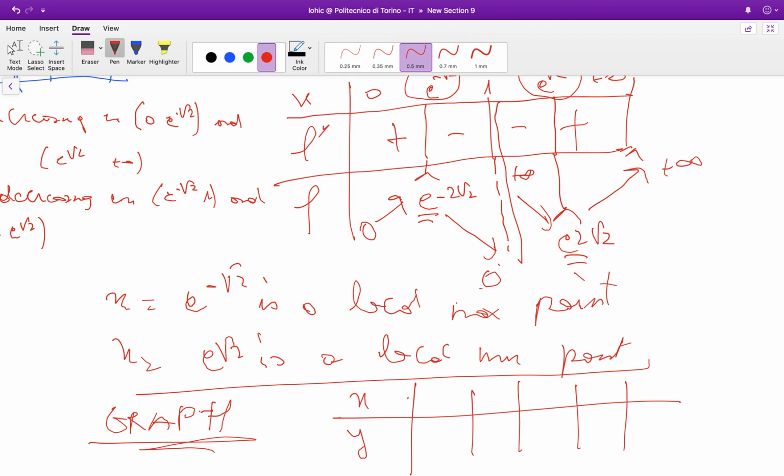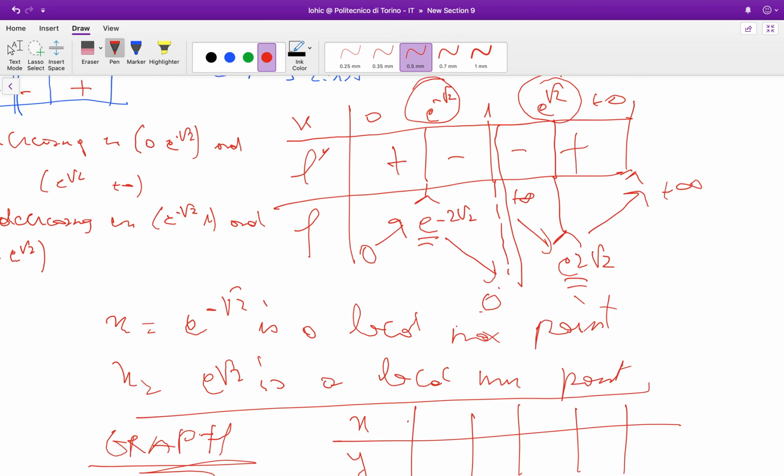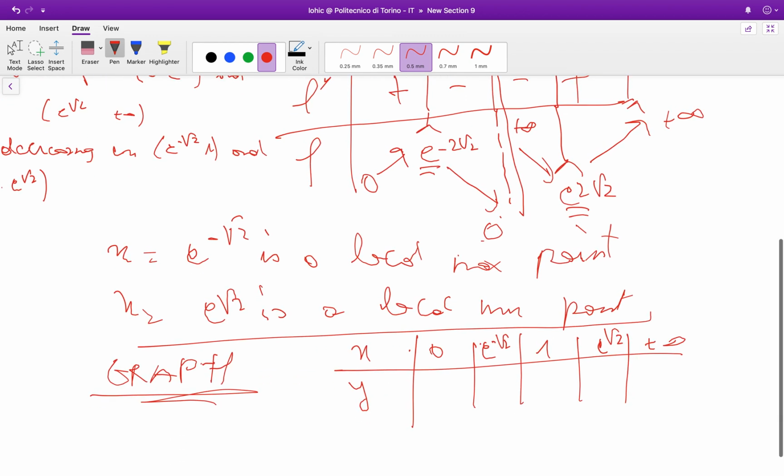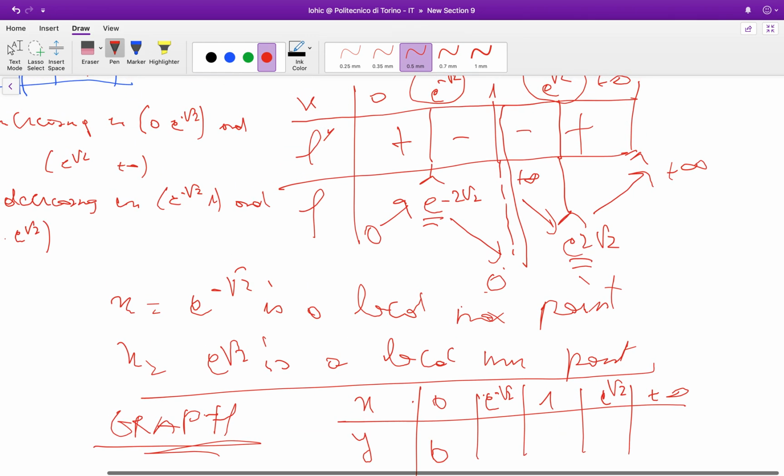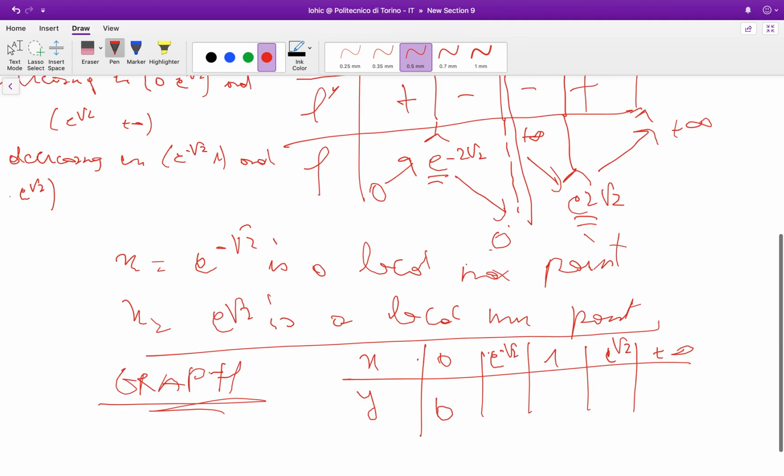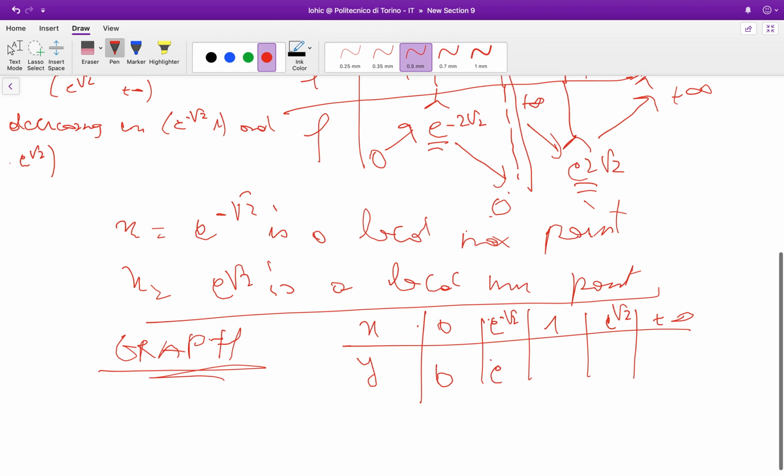So we have the points 0, exponential of minus root 2, 1, exponential of root 2, and plus infinity. We have the 0 corresponds to 0, exponential of minus root 2 corresponds to exponential of minus 2 root 2.